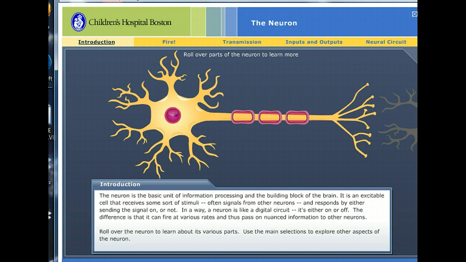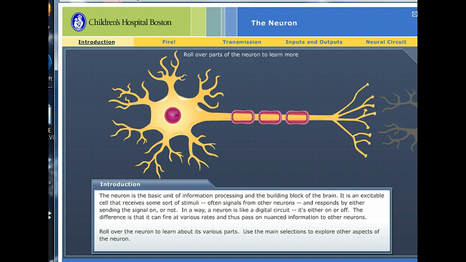Now, this next slide is showing that some neurotransmitters are inhibitory and some of them are excitatory. And what I mean by that is some of them slow down the firing of a neuron and some of them speed it up. Now, why would we have such a mechanism?